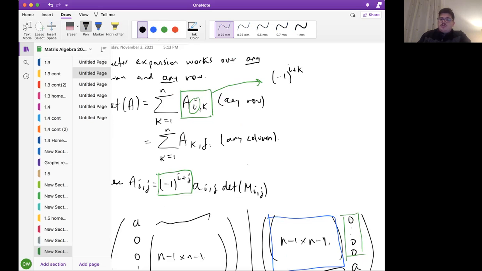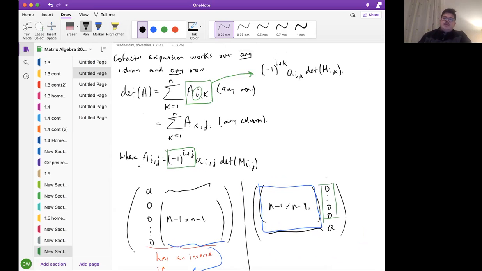So the factor will be (-1) to the i plus k, and then a_ik times the determinant of M_ik, for all of the ik's.